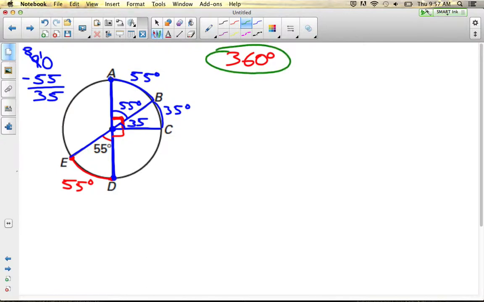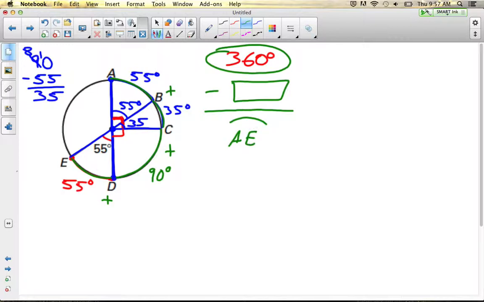So if I already know that arc AB is 55, arc BC is 35, arc CD is 90, arc DE is 55, we can add all the measures of these arcs together, subtract it from 360, and we'll arrive at our last arc, AE, which should be this angle here.